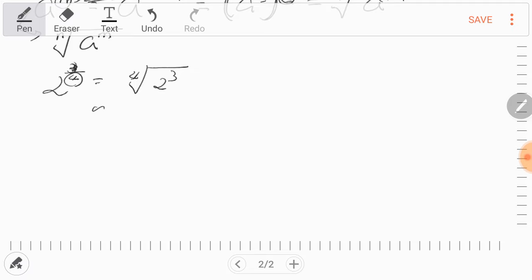Or you can write it this way: the denominator goes to the index, but you can raise this whole thing to the third power. So this power can get outside the radical symbol.